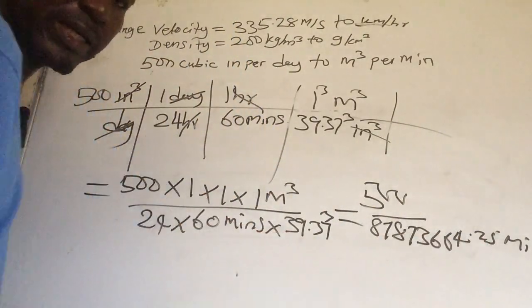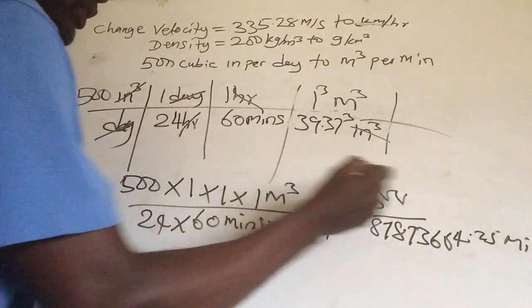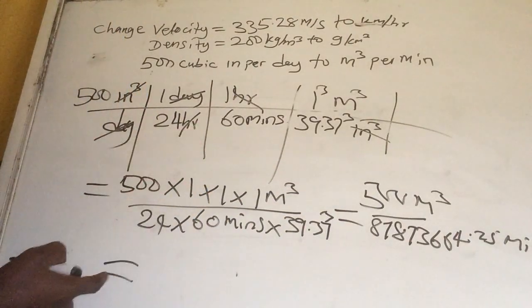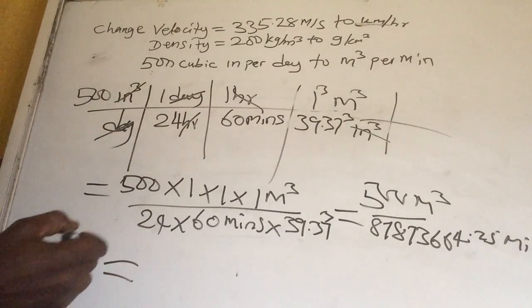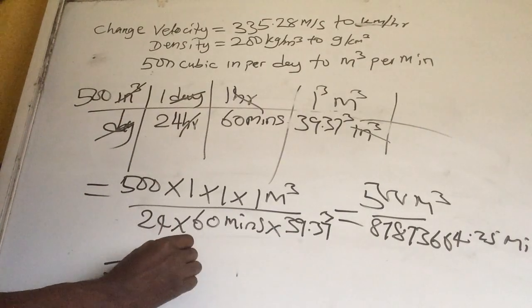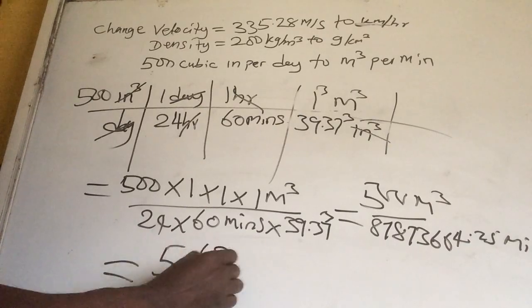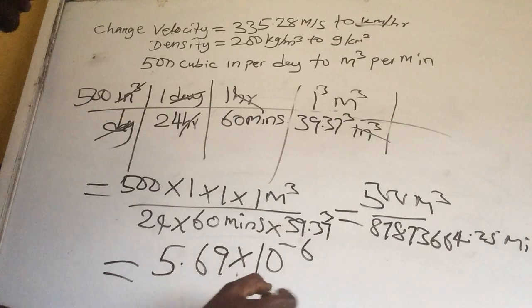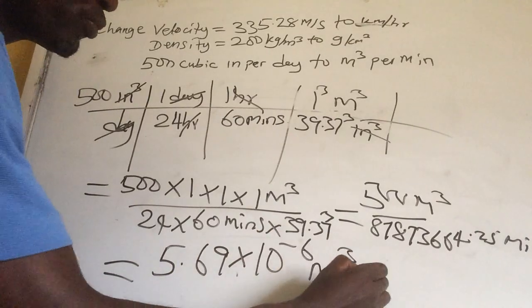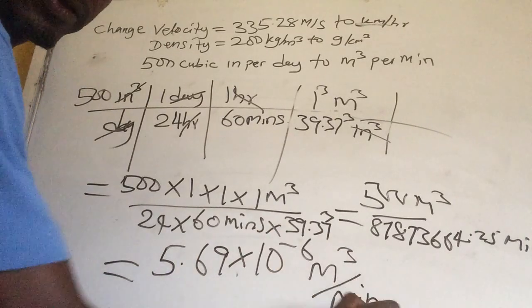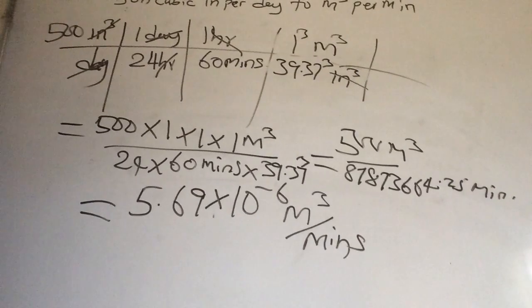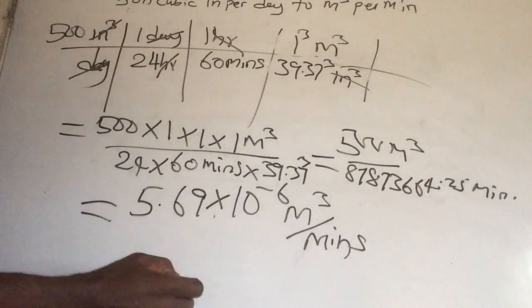Remember, minutes is at the end. This one meter cube will be there. When you divide the up one by this, what you are going to have now is 5.69 times 10 raised to power minus 6 meter cube per minutes. Meter cube per minutes. That is the final answer now.